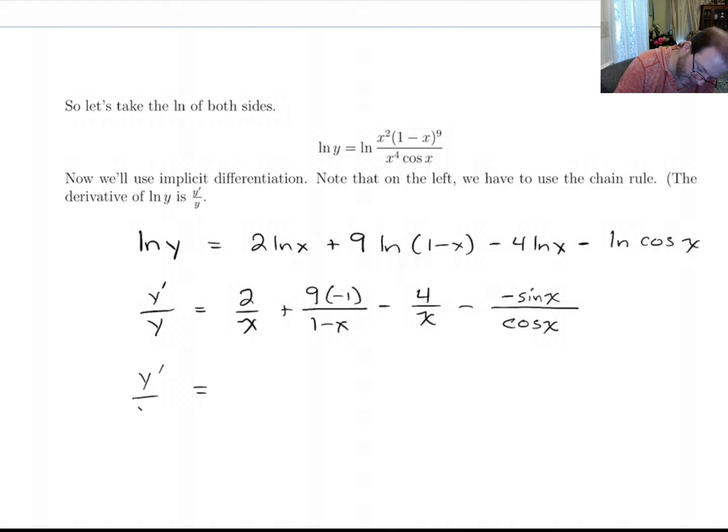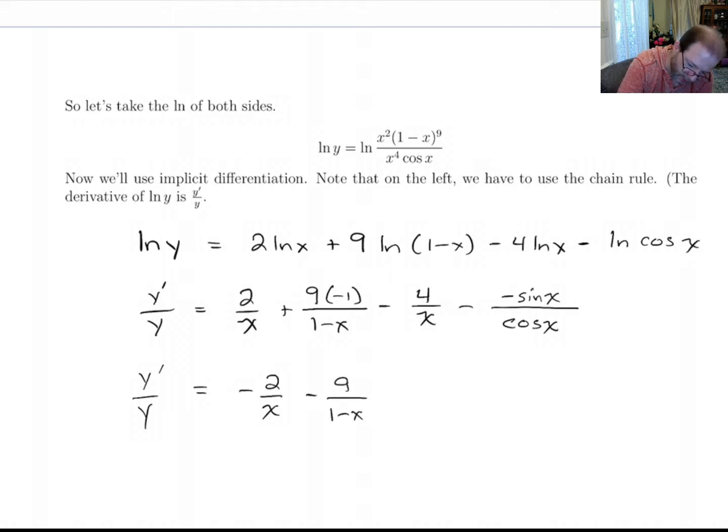So y prime over y is, let's see, before we do this, notice 2 over x minus 4 over x, those are both like terms, so we can combine those. 2 minus 4 is negative 2. And then this becomes minus 9 over 1 minus x.